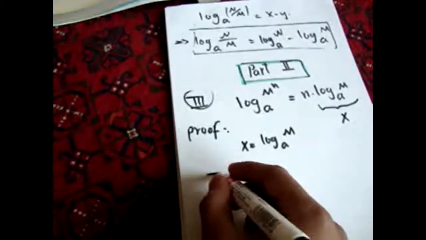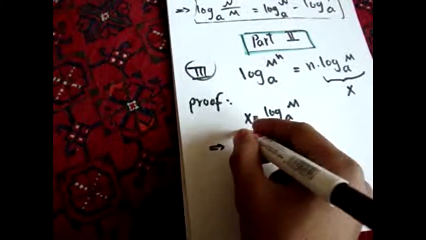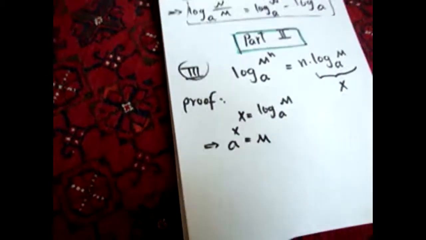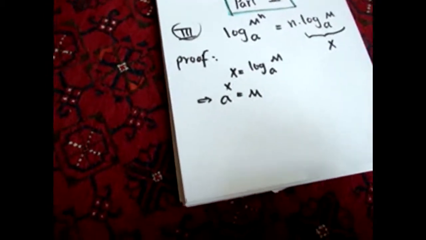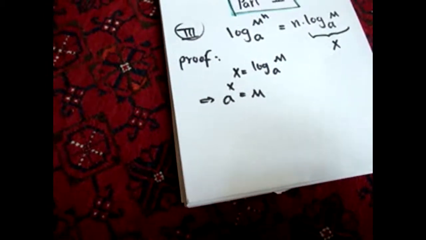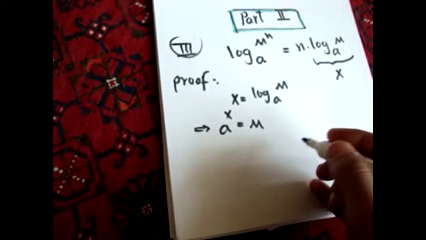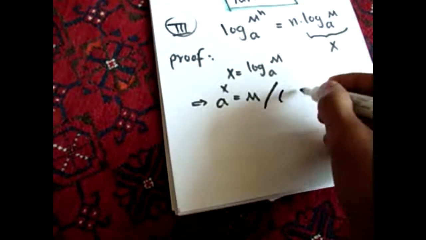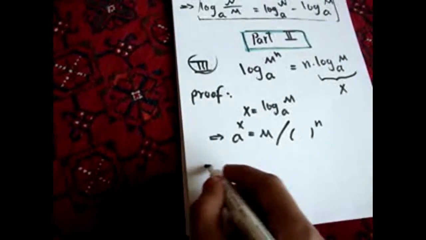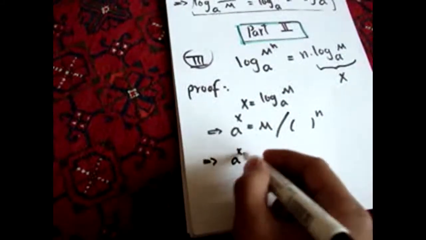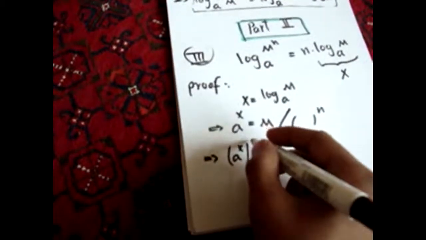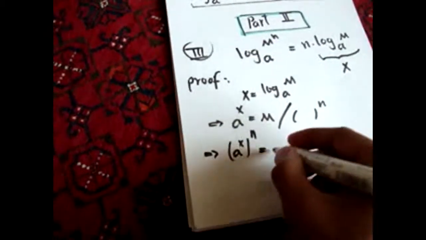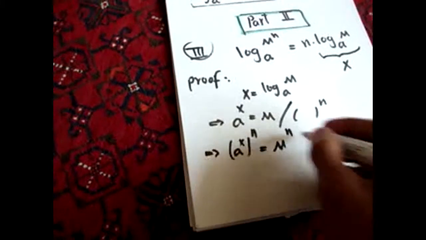We change it to the exponential, a to the x equals m. So what we're gonna do here is raise both sides of this equation to the n. So we write a to the power of x, all of them, to the power of n equals m to the power of n.